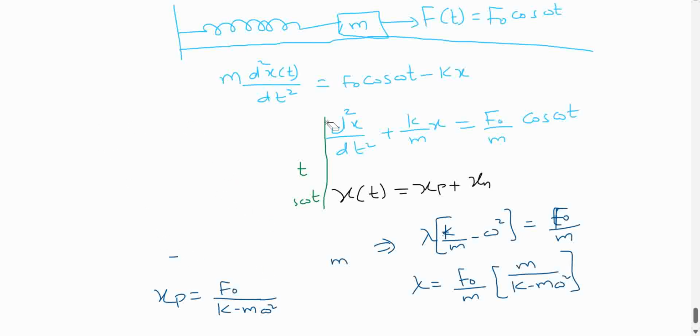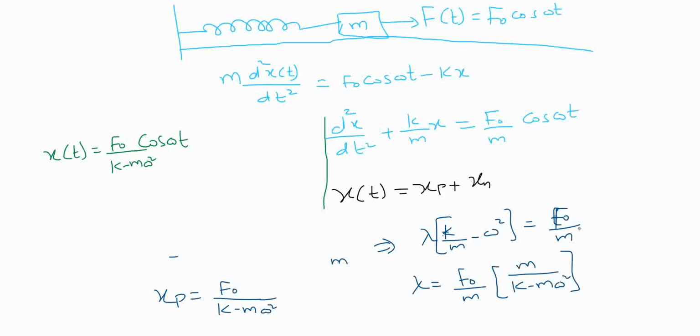So x of t will be equal to f naught by k minus m omega square times cos omega t.